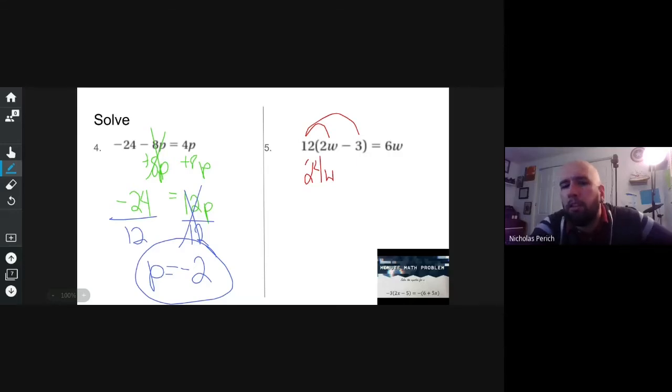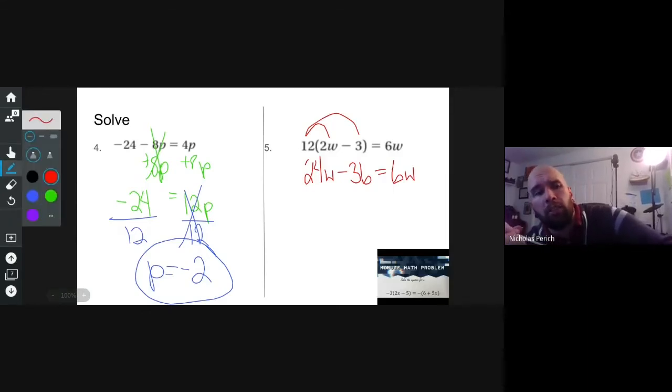Now, Vita said 36, but there's one thing I have to put in front of it. Yeah, good. Negative 36. And that's going to equal 6W. Now, I know this isn't going to look great, but bear with me.